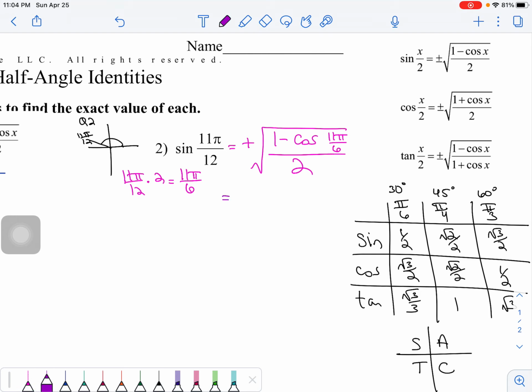All right, so what happens next? Well, next, I want to actually find this cosine of 11 pi over 6. If you want to, write it off to the side here. Cosine 11 pi over 6. All right. Now, 11 pi over 6, let's figure out where that is. So this would be 6 over 6. This would be almost, right?